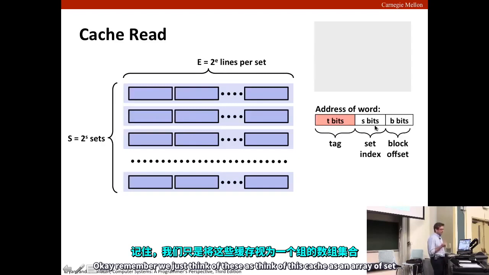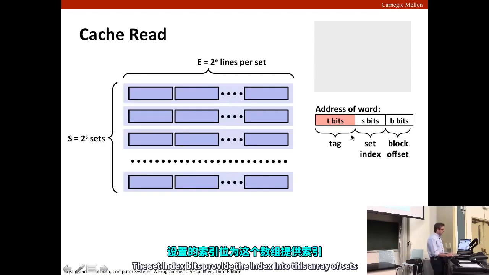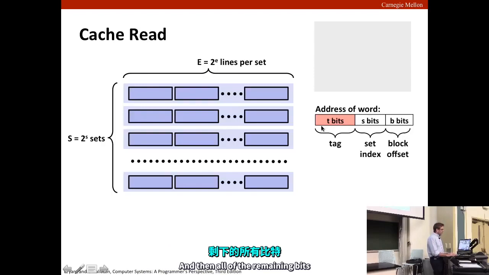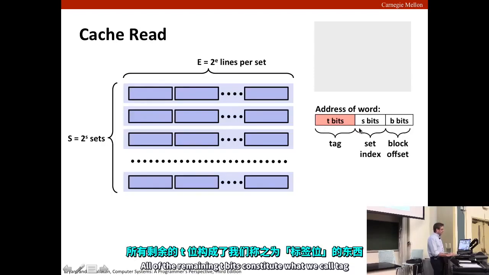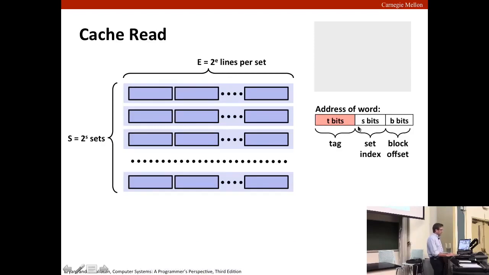Okay, remember, we just think of this cache as an array of sets. The set index bits provide the index into this array of sets, and all of the remaining t bits constitute what we call a tag, which will help us when we do our search.